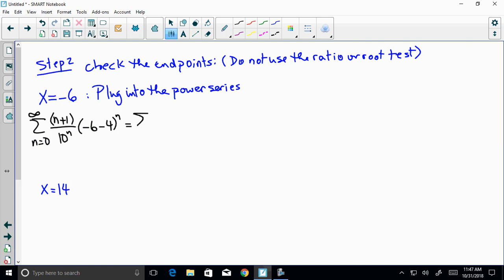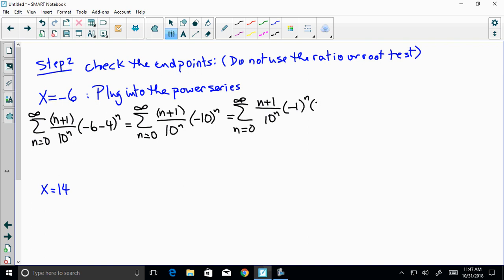So this gives me sigma n plus 1 over 10 to the n, negative 6 minus 4 is negative 10 to the n. Now rewrite negative 10 to the n as negative 1 to the n times 10 to the n. Then we simplify. So 10 to the n and 10 to the n cancel.